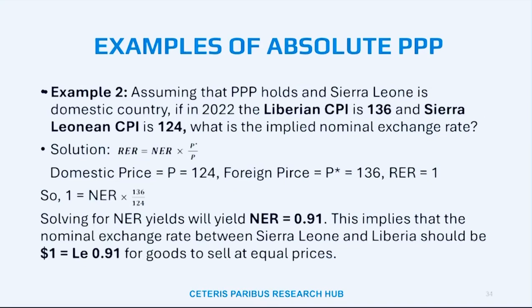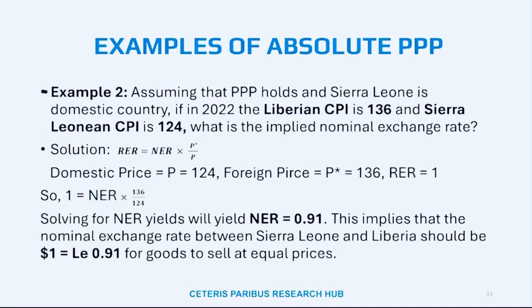So if you plug in the values and you solve for the unknown, then the nominal exchange rate will be equivalent to 0.91. Now, it simply means one Liberian dollar is equal to 0.91 Sierra Leonean leones. So that's how you use absolute PPP.